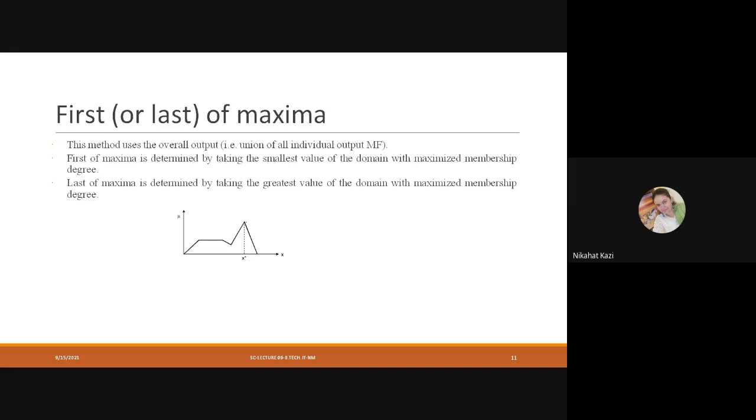So if there's a single peak, then the first of maxima is this value, and last of maxima is also this value. But if you have something like this, right? So here, what is the first of maxima and the last of maxima? This is the maxima, right? So what is the first of maxima? It is this value. If this is A and this is B, right? So first of maxima is A and last of maxima is B.